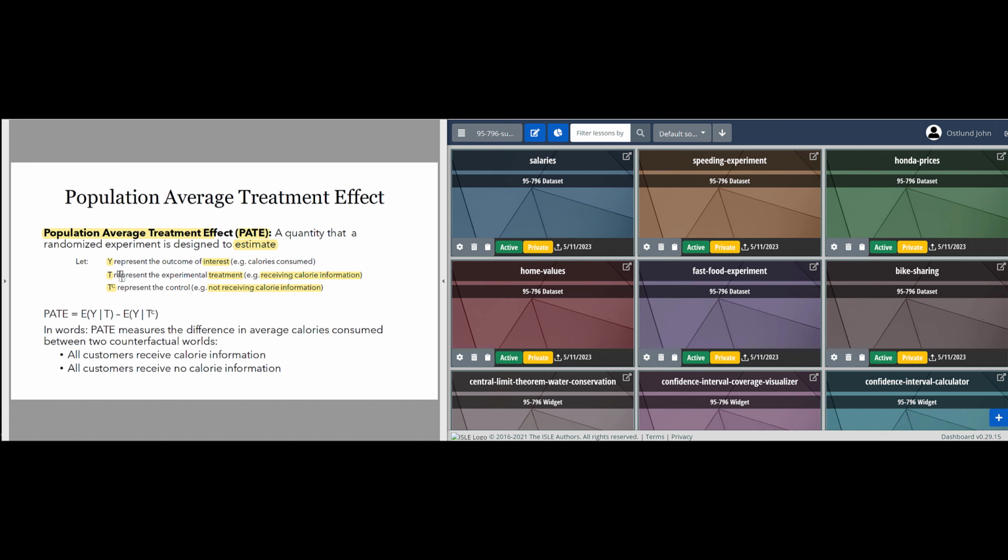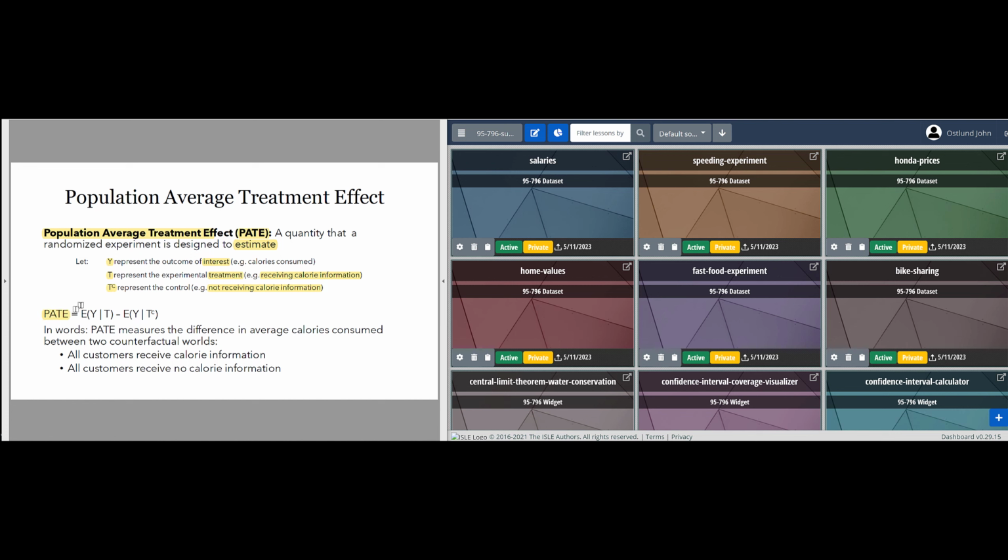Now, I hope it's clear that T, the people who did receive the treatment, and TC, the people who did not receive the treatment, are mutually exclusive and exhaustive sets. T plus TC is the entirety of everybody who participated in the study, and each person was either in T or in TC, but it's not possible to be in both.